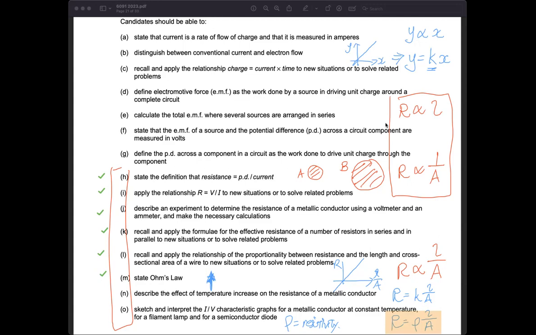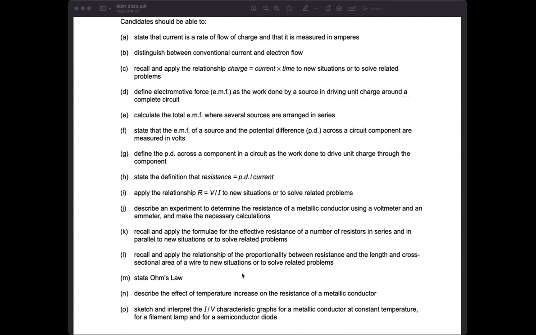Okay, so let me share with you the answer. When the temperature increases, do the particles of the metal vibrate faster or slower? Okay, first can you tell me, when the temperature increases, do the particles vibrate faster or slower?